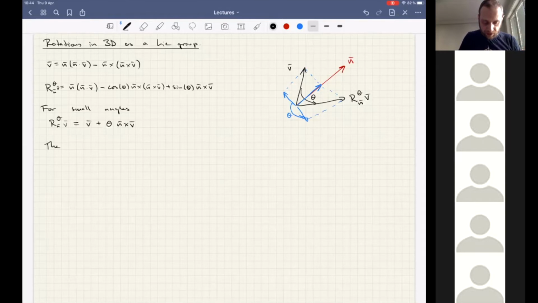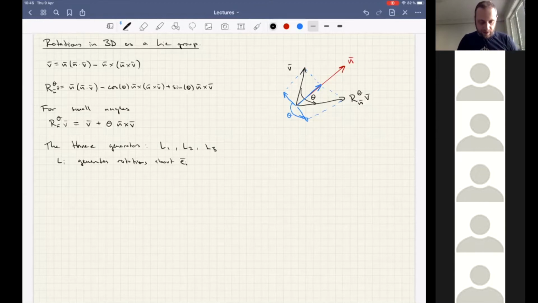The 3 generators are going to be L1, L2, and L3, and they generate rotations around their respective axes. So L_i generates rotations about e_i.